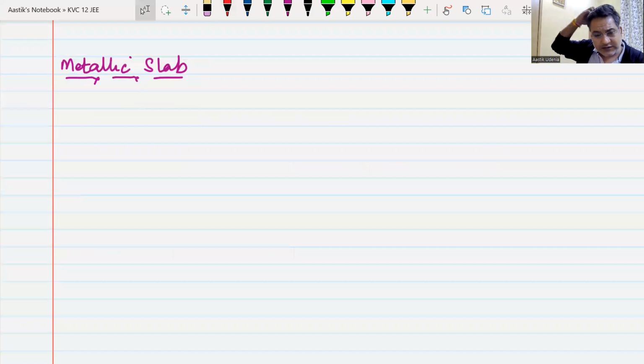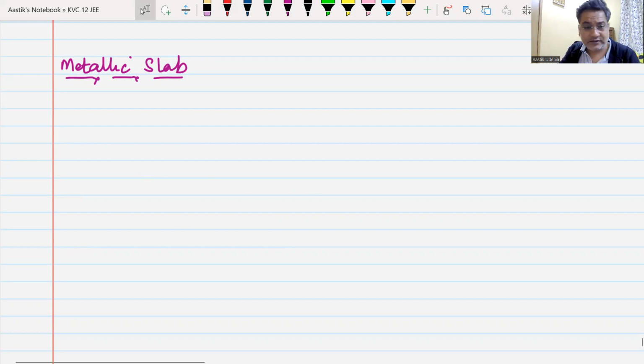Now, instead of inserting a dielectric, you may insert a slab of metal. You can insert it in different ways. Let us take a look at the first case.